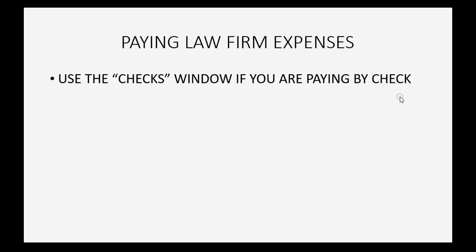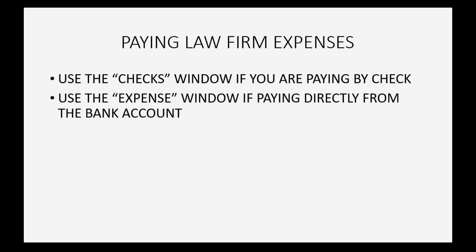Now, let's talk about paying law firm expenses. You can use the checks window if you are paying an expense by check. You can use the expense window if you're paying directly from the bank account to a vendor for some necessary service to run your law firm.